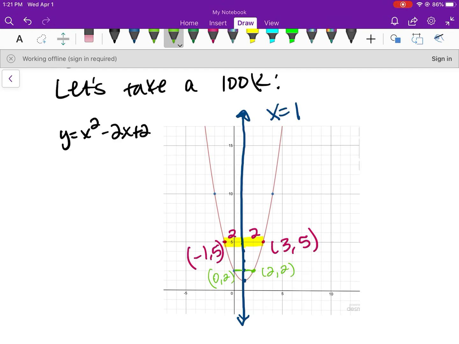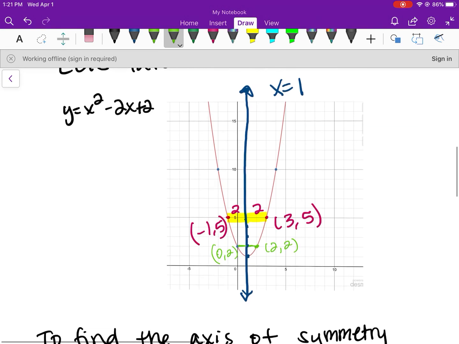Now, in a quadratic function, if the parabola crosses the x-axis, those points are called zeros or solutions. We'll talk more about that later. But the x-intercepts, the points where the parabola crosses the x-axis, will always be equidistant to the vertex.